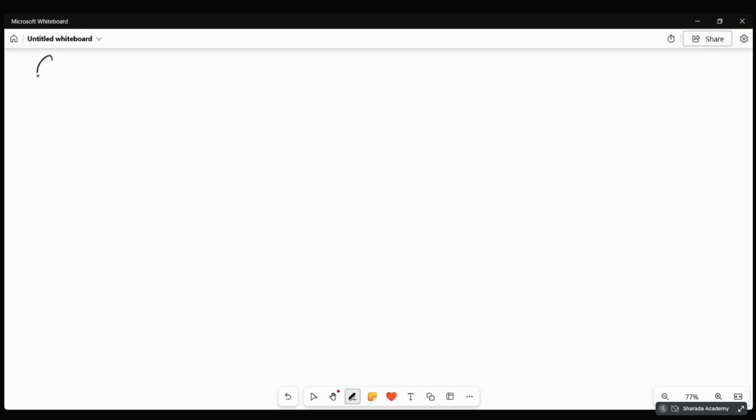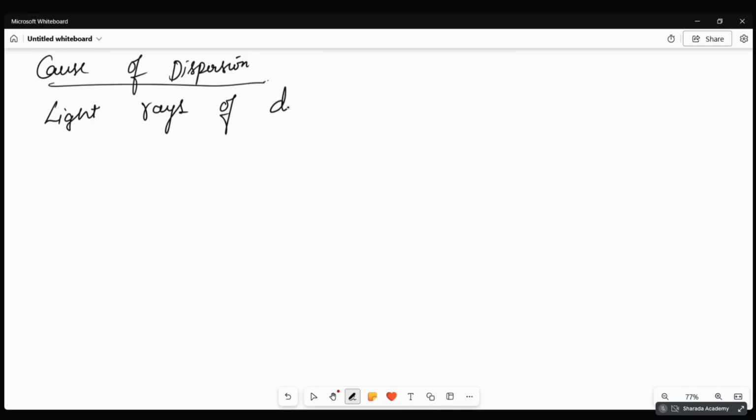So, the cause of dispersion. Write down this.